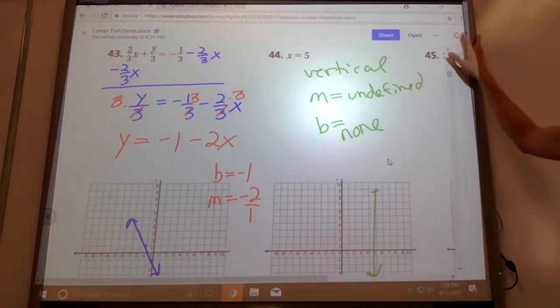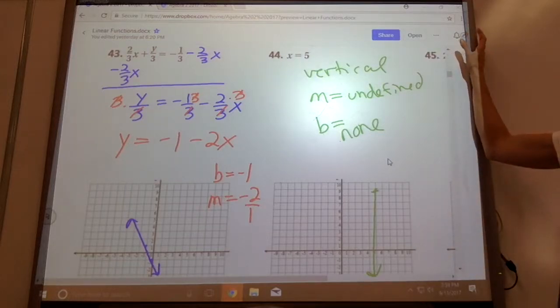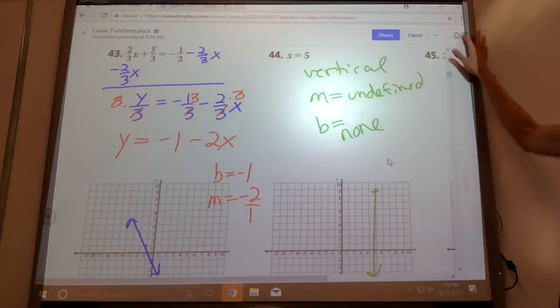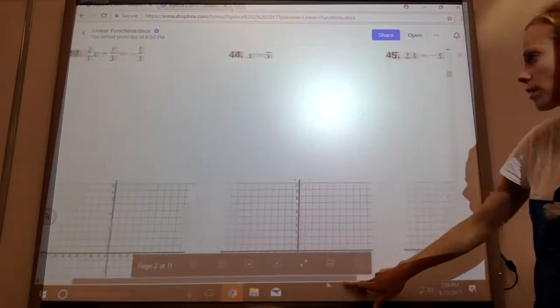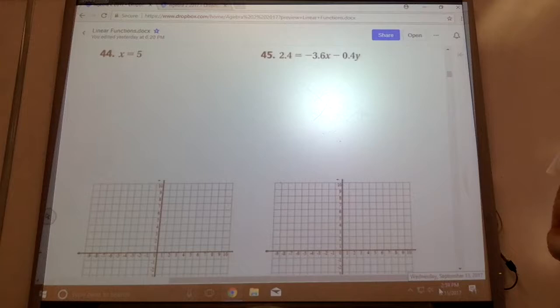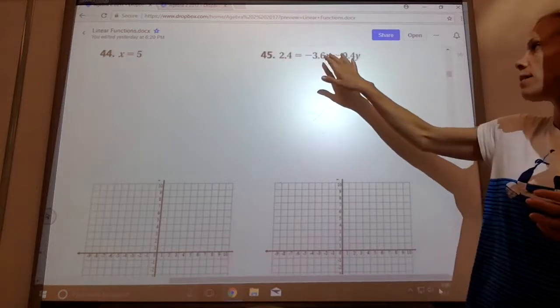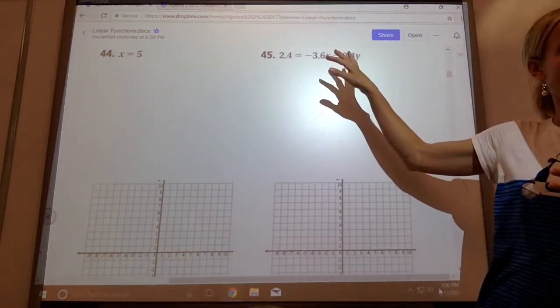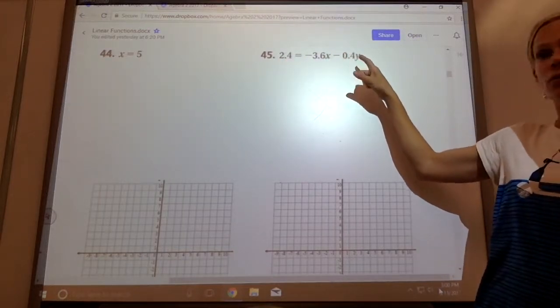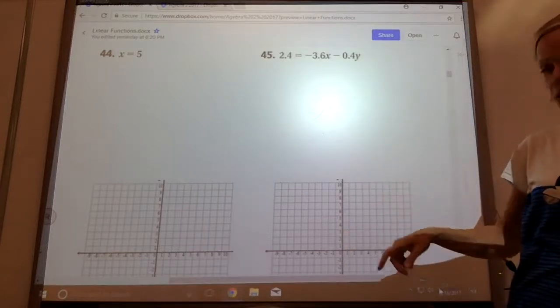And the last one, just some decimals, but you have calculators you can use. I don't expect you to be able to do that in your head. This one's a little bit backwards. You should notice that my coefficients on the left side and my variables are now on the right side. But to get y by itself, you're still following those same two steps.